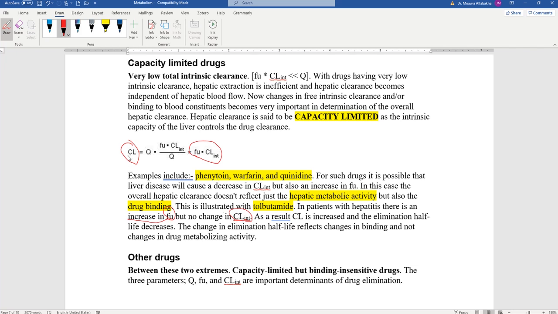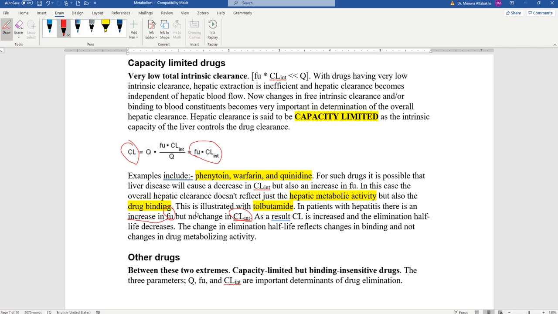So in this case, what happens to the clearance of tolbutamide for those who have hepatitis? Some people believe that, okay, because of hepatitis, for sure the metabolism will decrease. No, in this case actually the clearance increased. But why did it increase? It increased because the free drug has increased.